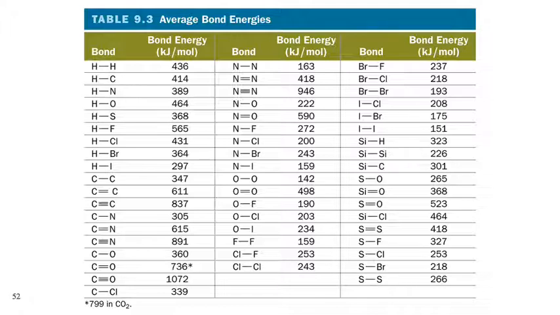We had oxygen-hydrogen bonds. Let's see, where did those go? Hydrogen-oxygen, 464. We had hydrogen-carbon, 414.